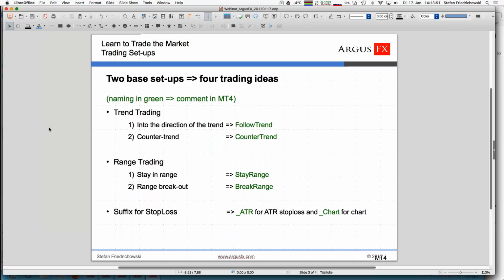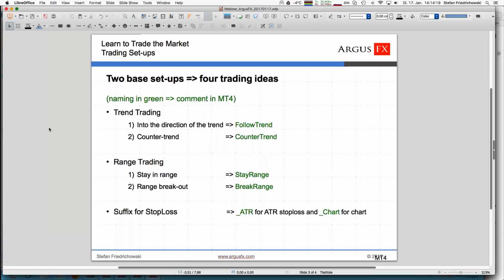But we can do the opposite as well. And the opposite is simply called counter trend trading. And that means, okay, we see maybe a clear upwards movement, and now we have a correction, or we have the feeling that it's time for a correction of that trend, so an opposite behavior.